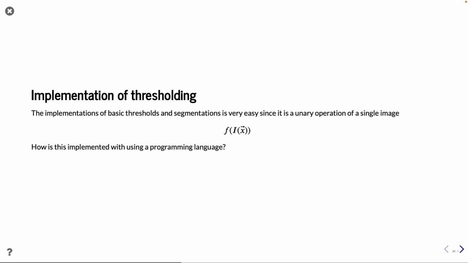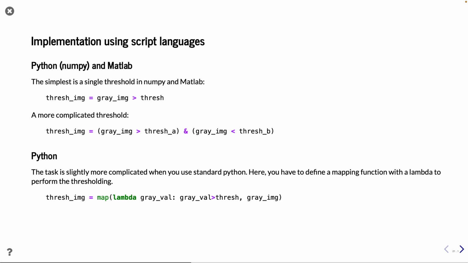So I've been talking a lot about just applying a threshold, and the question is how to implement it. Thresholding is one of the easiest operations. In principle, in Python and MATLAB, you just take the image and put greater or less than a threshold.